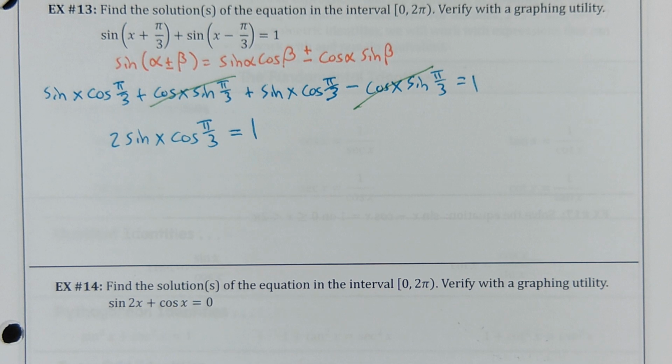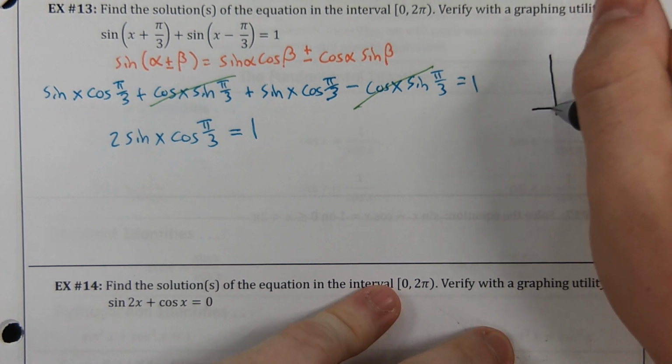There it is. Much simpler question. Wouldn't it be great if we knew what cosine of pi over 3 was? No calculator.